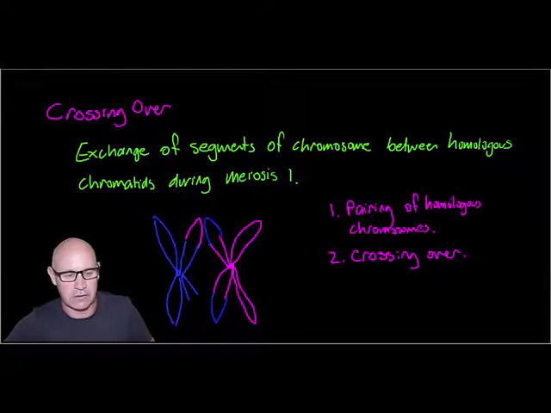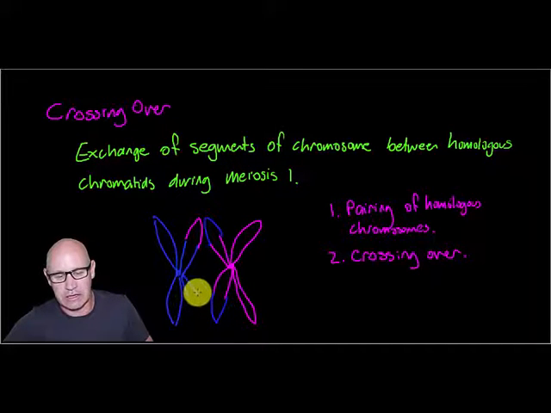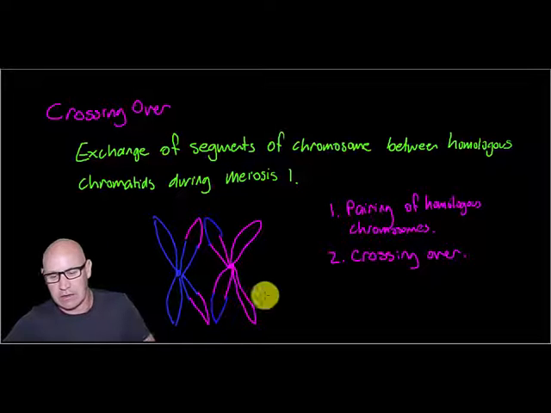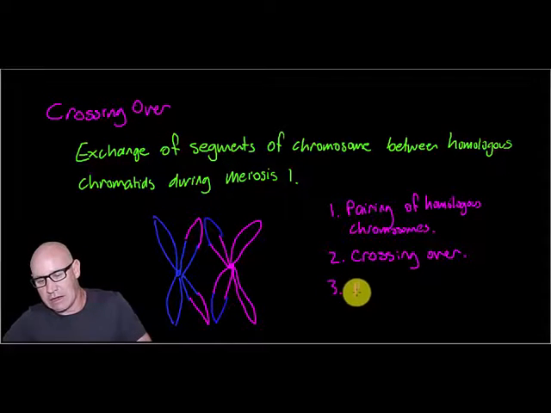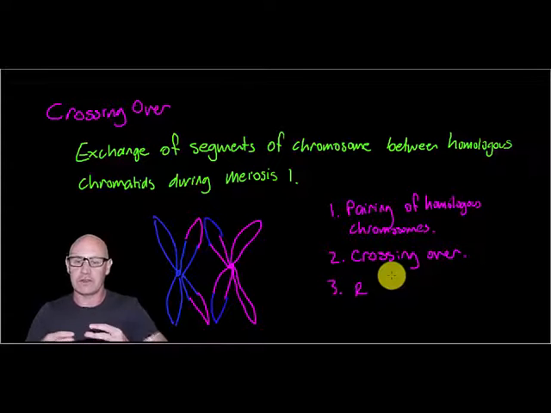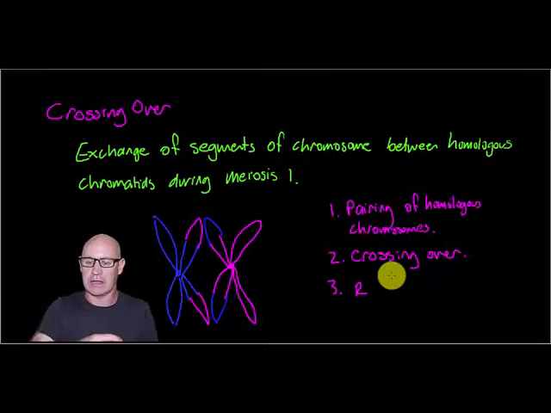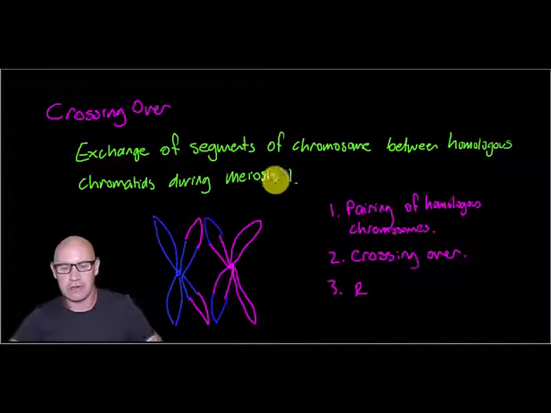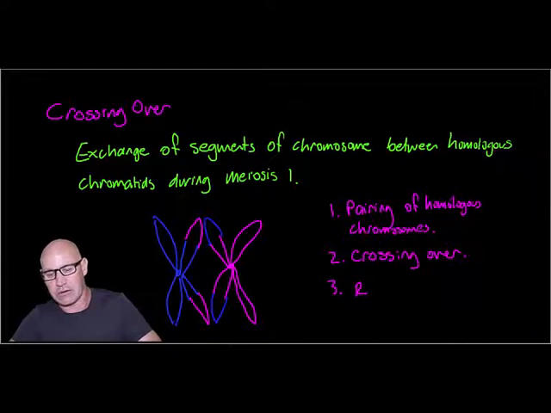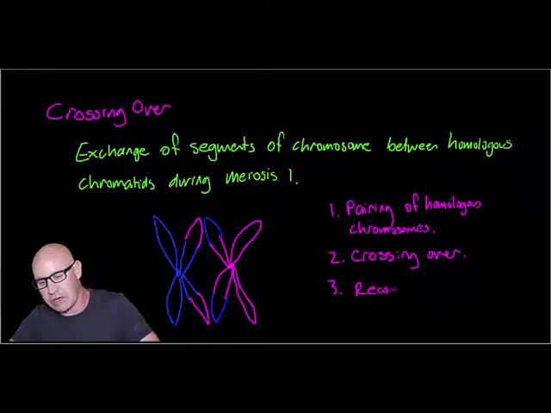Now this part of the process is called recombination, and it's the last part of the process. So basically it's joining on, so that that chromosome segment combines or recombines with that chromatid, so it actually joins onto that chromatid here. Recombination.